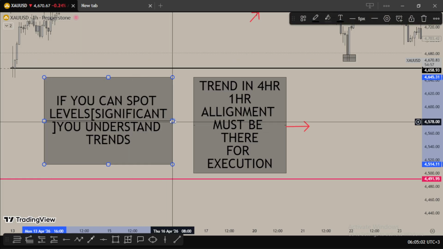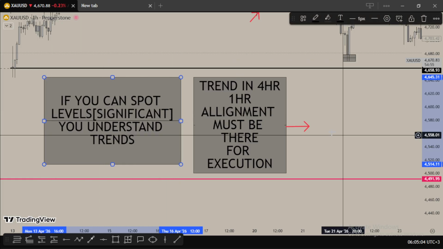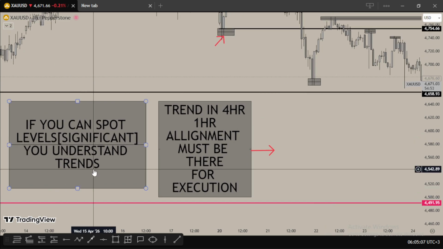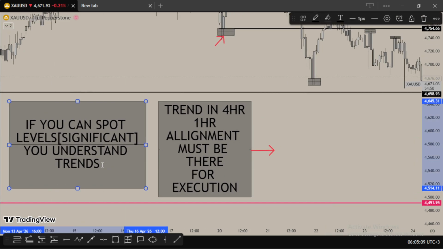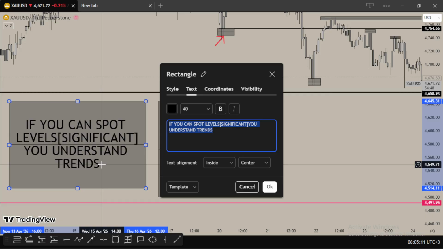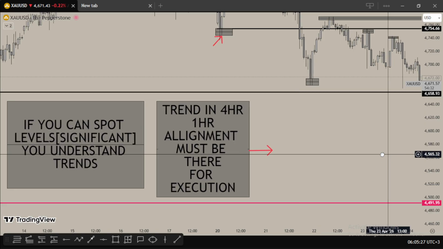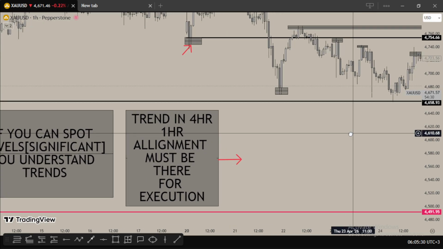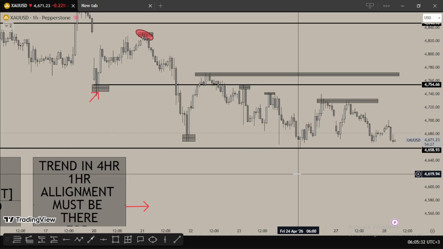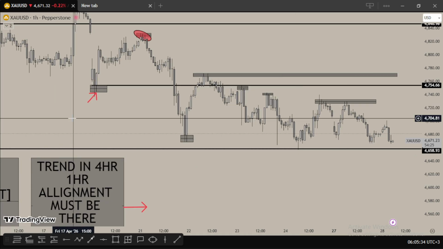If you can spot levels, significant levels, you understand the trend. Sorry for that, guys.